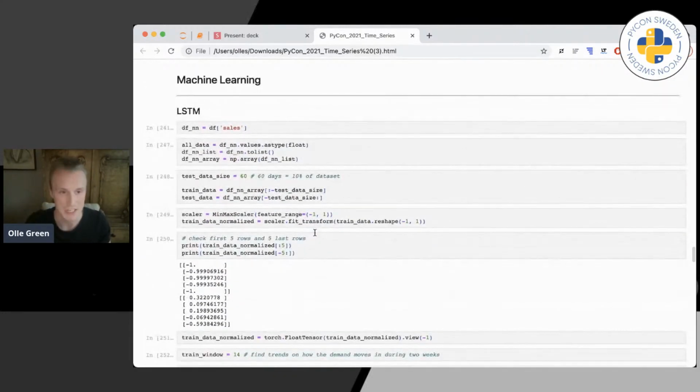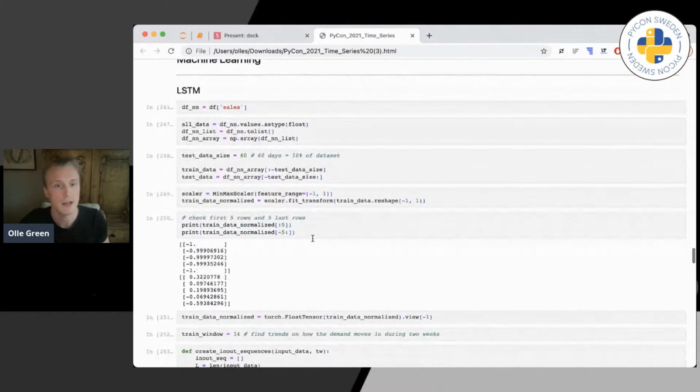Moving on to our machine learning. In this case, we use an LSTM using PyTorch, and the key arguments and assumptions that we make here is that we use a test data size. So basically how many days was the 10%? We use 60 days in this case. We split them up in train and testing data.